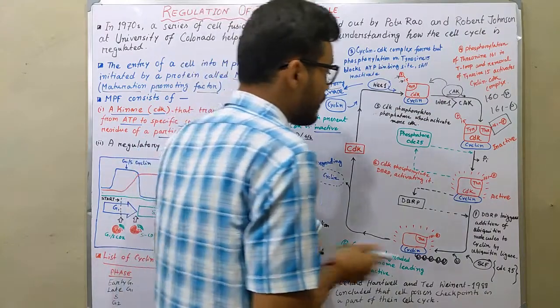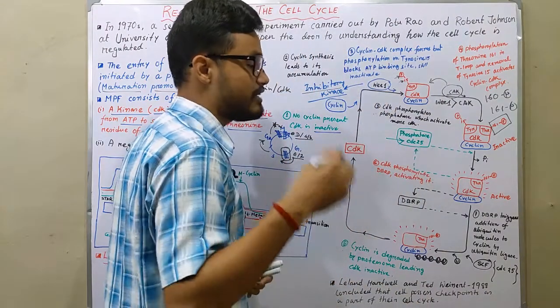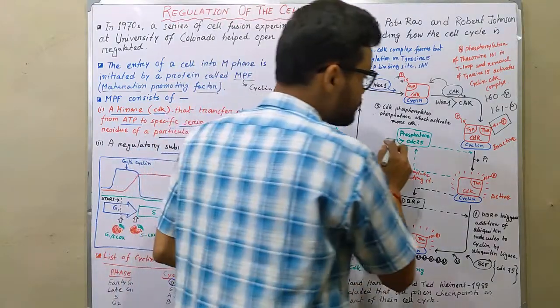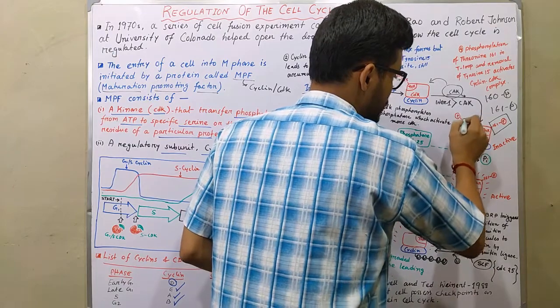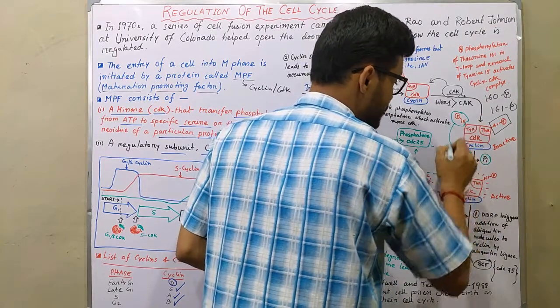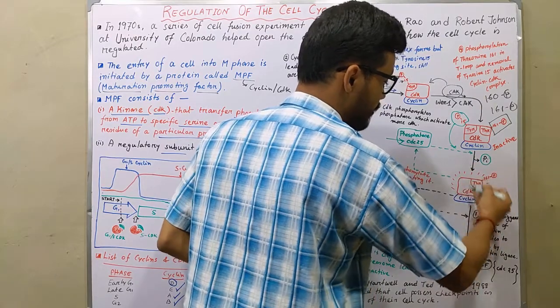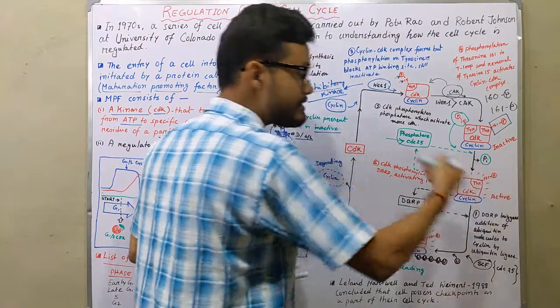Next, another enzyme comes into play, that is Cdc25, which is a kind of phosphatase. This phosphatase removes the phosphate group from tyrosine. Removal of the phosphate groups leads to the activation of these cyclin CDK complexes. Okay, so now CDK and cyclins are activated.